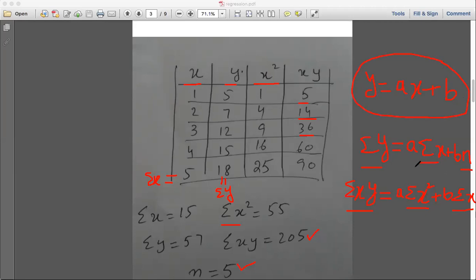So please put all of these values in these two equations and solve and tell me what is the value of a and what is the value of b. Find them and tell me what the value of b comes out to be. Hurry up.